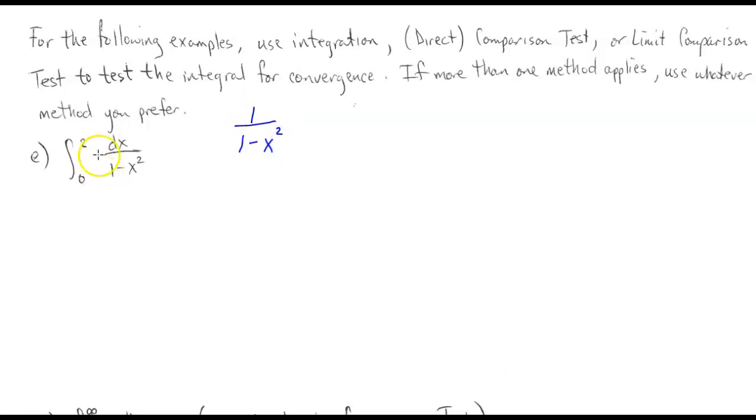We know that this is an improper integral because if we plug in 1 here, we'll get 0 in the denominator, and 1 is in between 0 and 2. So this is a type 2 improper integral, where our function has a vertical asymptote type of discontinuity in between the limits of integration.